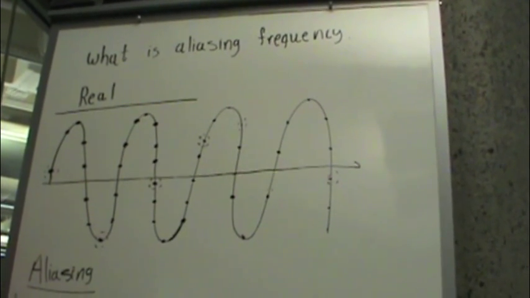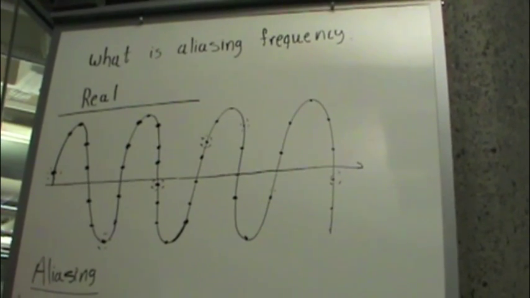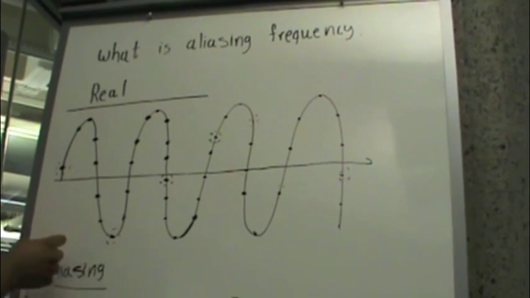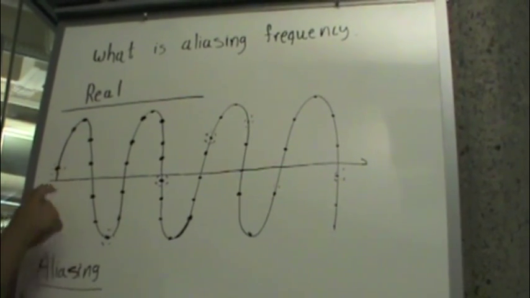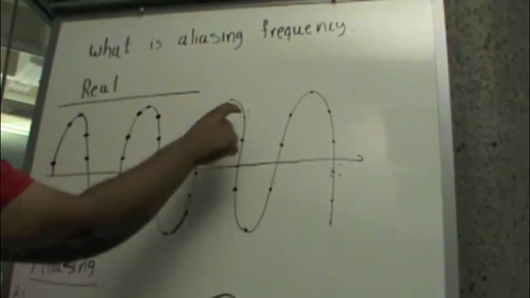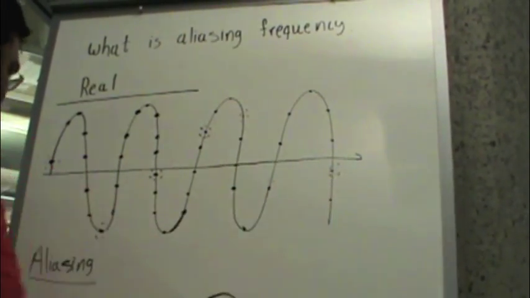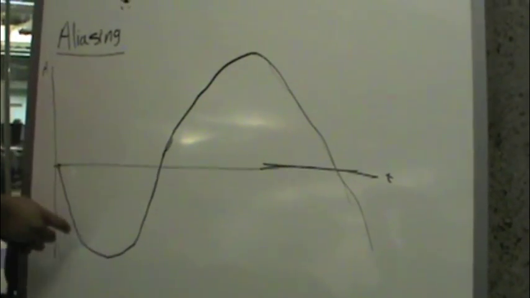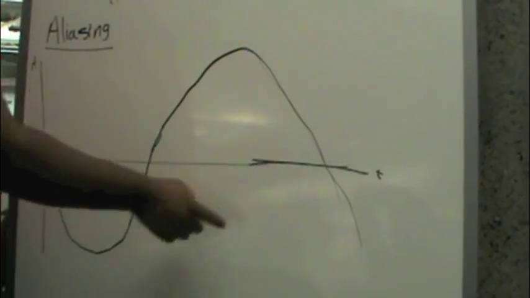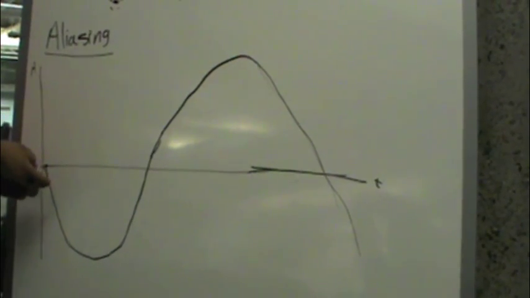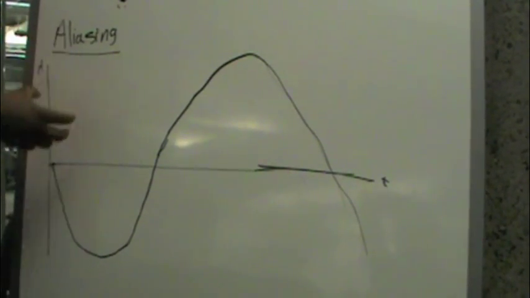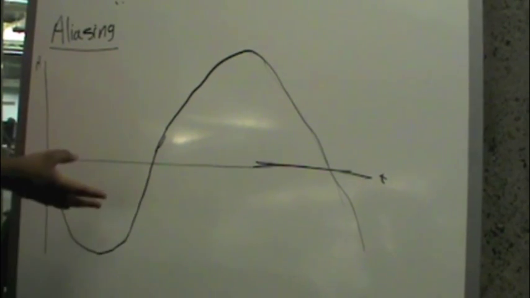But let's say your sampling rate was very, very low, and the data points you took were here, here, here, here, here, here, and here. If you were to plot that on this graph, you would get a function that looks something like this. Now, this function also fits the data points you have very well.